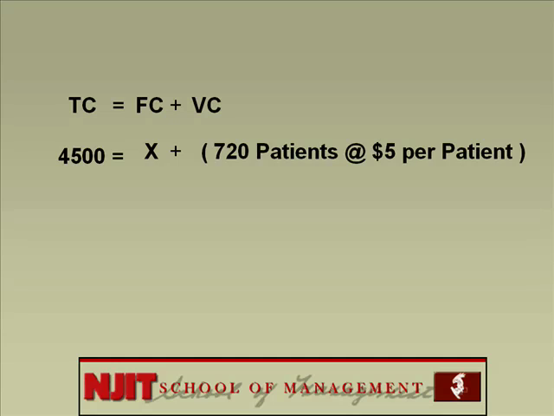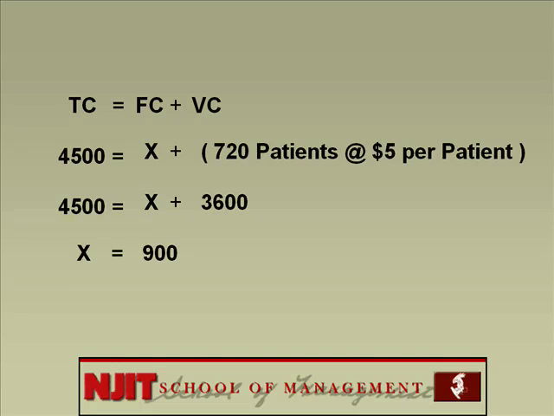At that level, it was 720 patients, and our variable cost was $5 per patient. So total cost of 4,500 is fixed cost, take as X, plus the variable cost, which is 3,600. Solve for X, 900. So the fixed cost for Laura is $900 and the variable cost is $5 per patient.